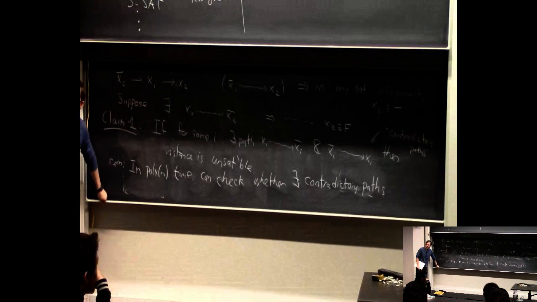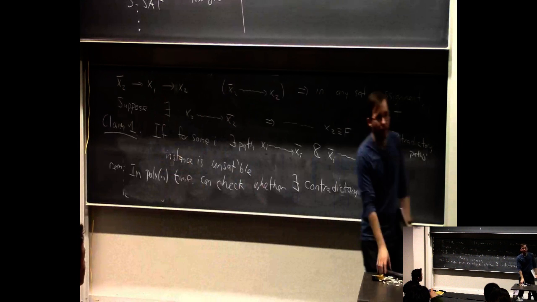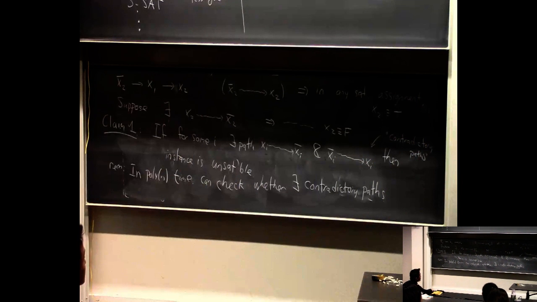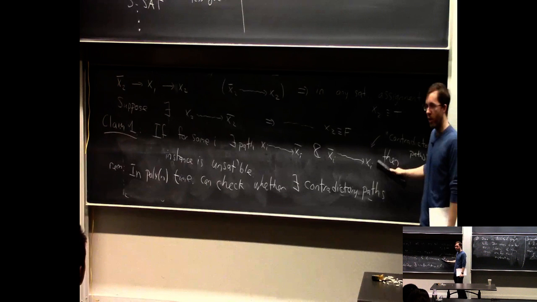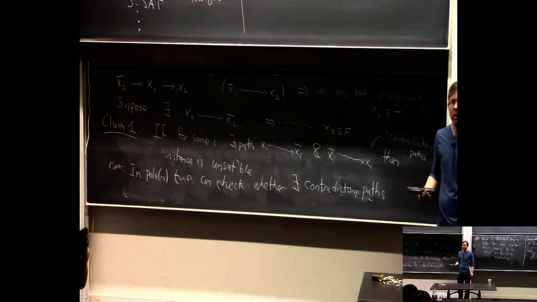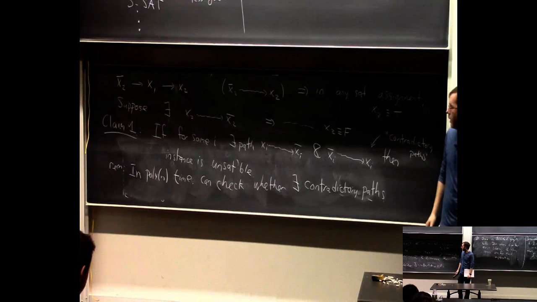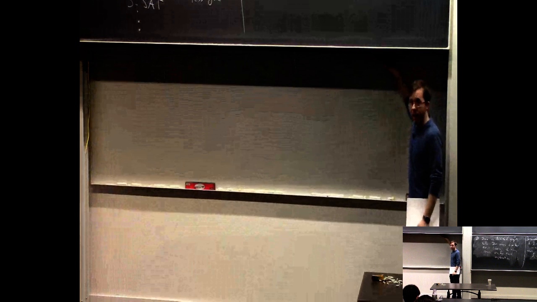Is that OK? The main point of the algorithm, and this is not obvious, is that if you don't find any contradictory paths, you can actually say yes. That's going to be claim 2. If there are no such pairs, the instance is satisfiable. That's not obvious, and the main work is to prove that. But once we prove that, we're done.